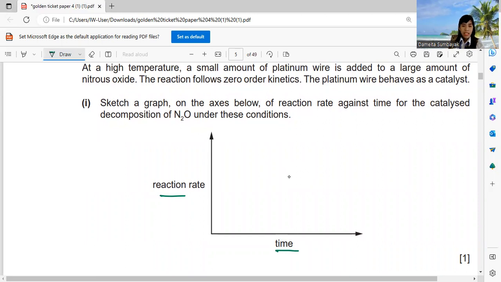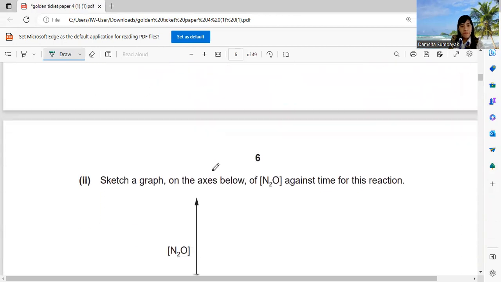Because this is a zero order reaction, then the graph will be a linear line like this to the y-axis.